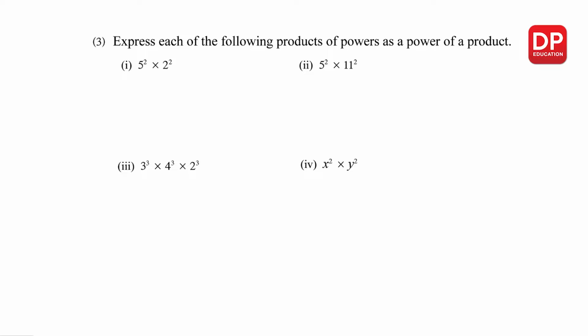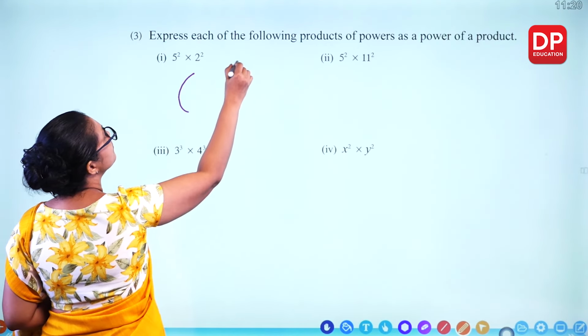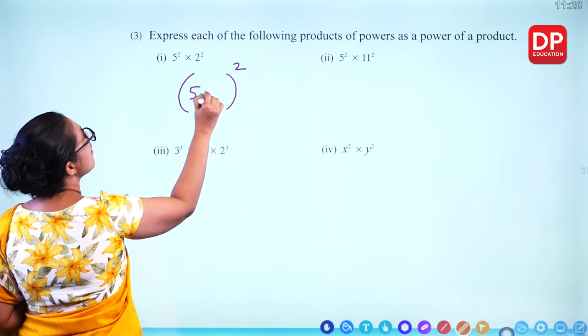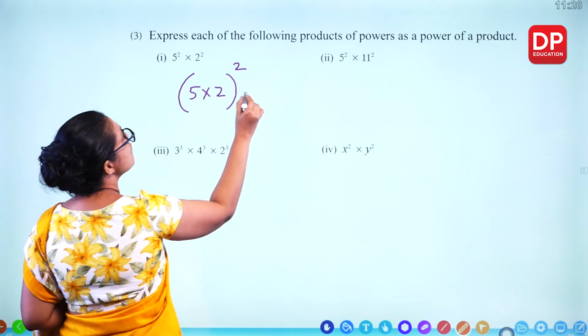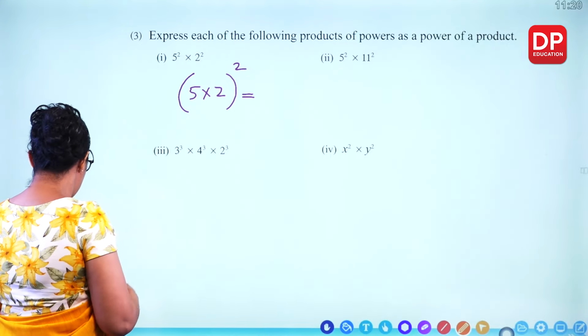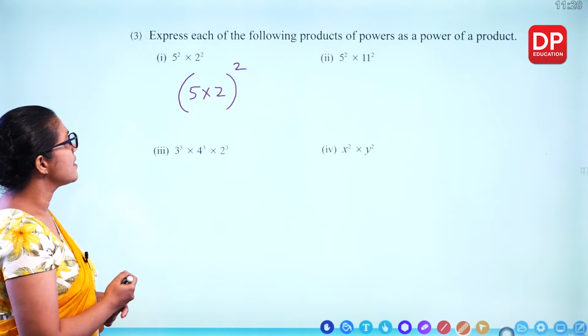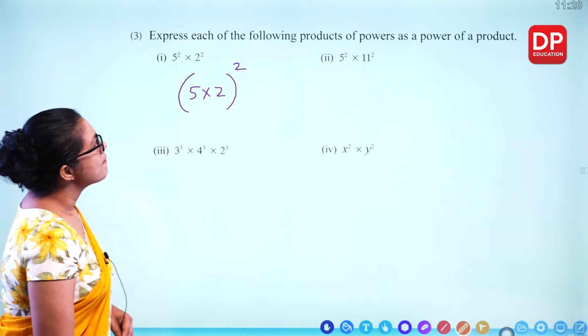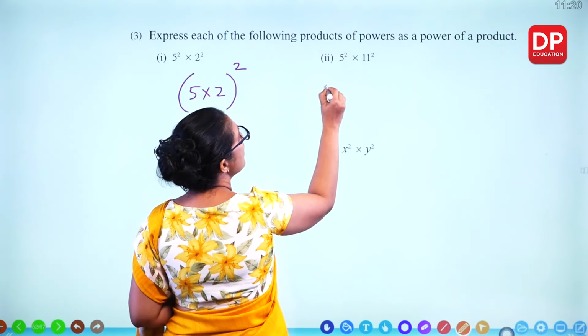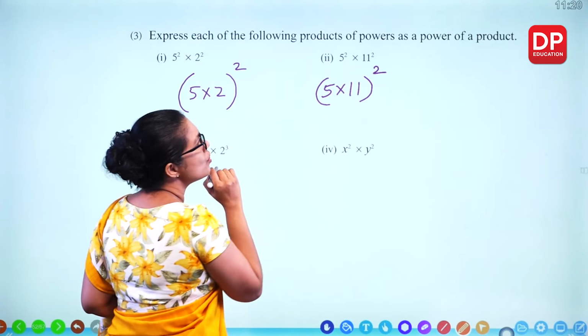Express each of the following products of powers as a power of a product. Same power. I can write 5 and 2 inside. What is 5 times 2? This is 10 squared, the final answer. So you can write it as a product. This one, 5 and 11, you can write 5 and 11 inside and the power 2 outside.